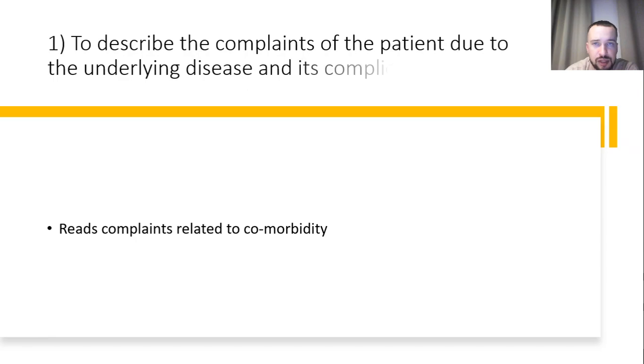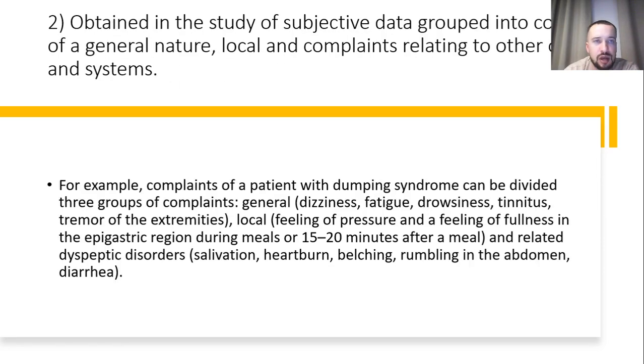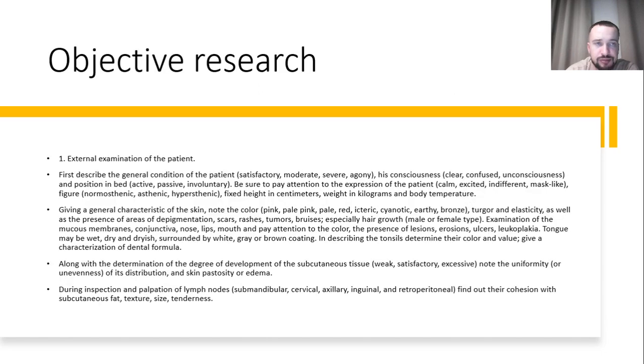To describe the complaints of the patient due to the underlying disease and its complications. The study of subjective data is grouped into complaints of a general nature, local, and complaints relating to other organs and systems. For example, complaints of a patient with dumping syndrome can be divided into three groups of complaints: general, local, and related respective disorders.